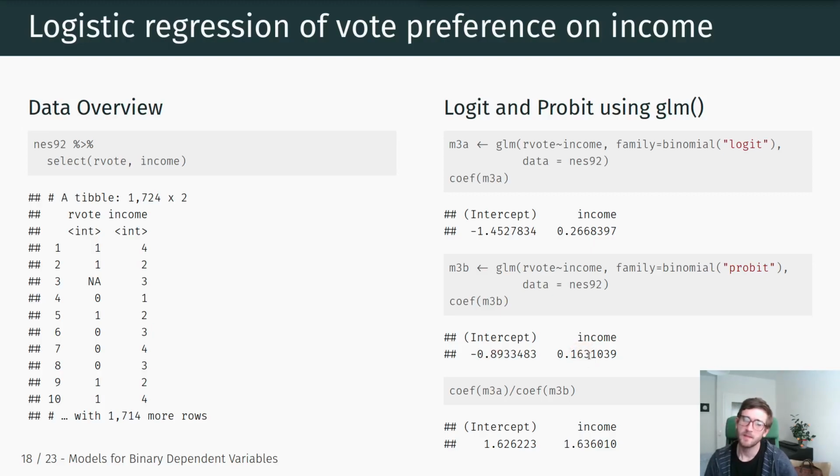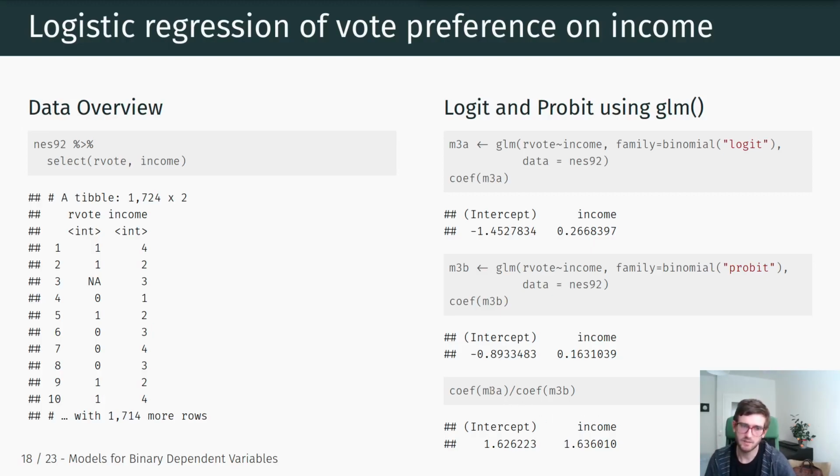Okay. The key here is, obviously, these intercepts and slope coefficients are not the same for the Probit and the Logit, but as we mentioned in the previous videos, they are predictably different in the sense that they differ by a factor of around 1.8.